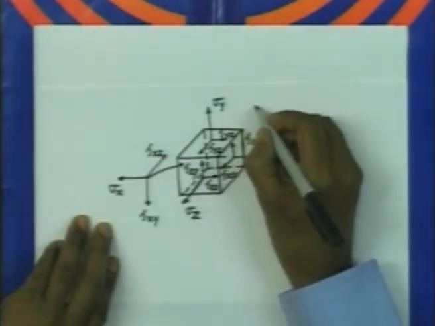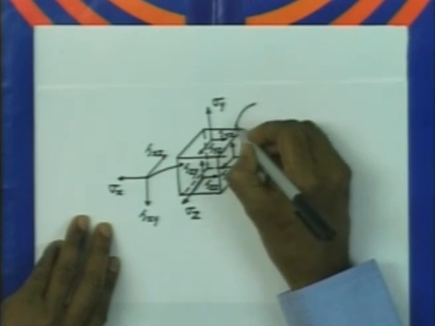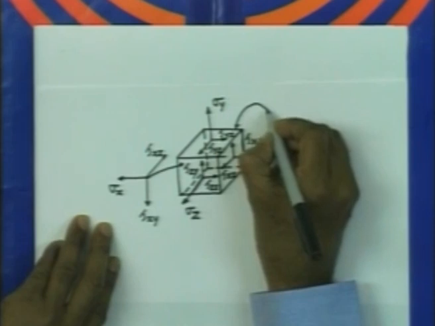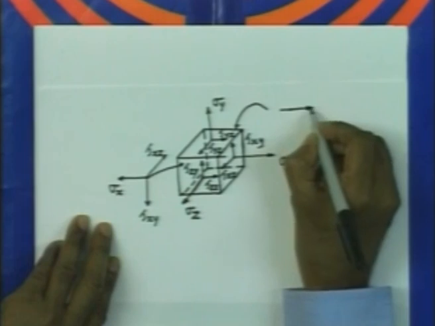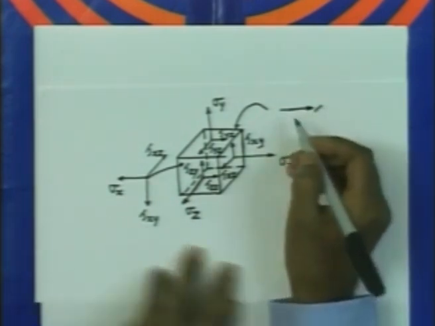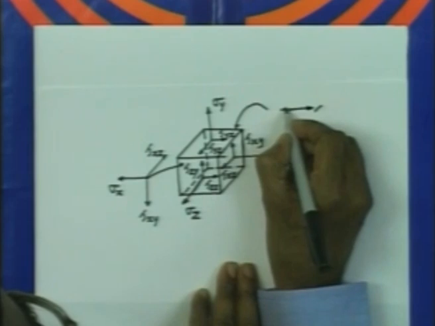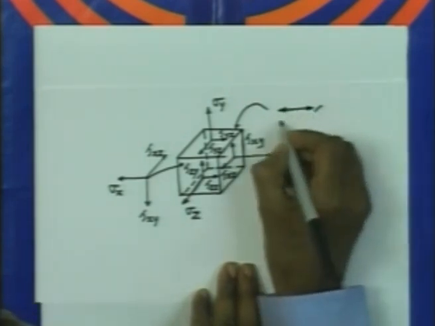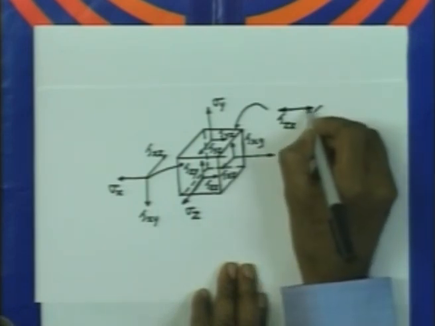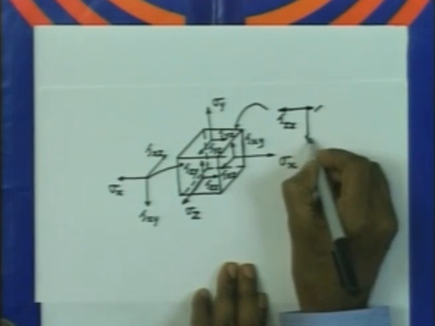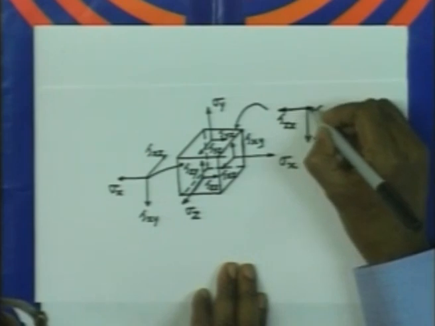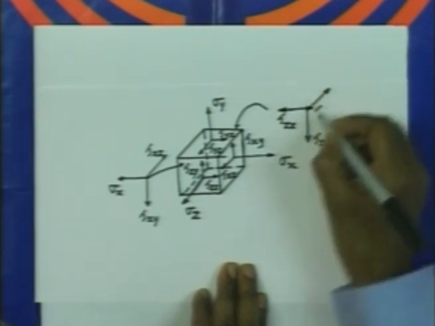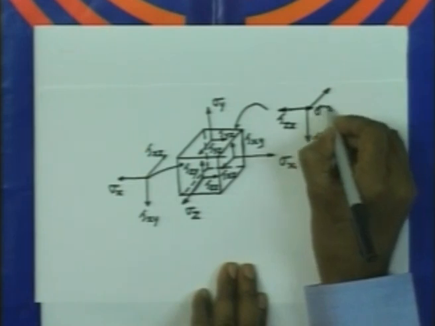Similarly, on the negative z face, the shear stress is going to be directed in the negative direction because it is negative z face. So therefore, this is tau zx, and we are going to have the shear stress here tau zy, and the normal stress is going to be directed like this, which is nothing but sigma z stress.